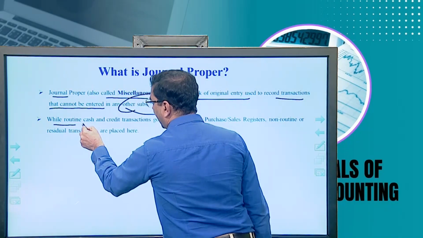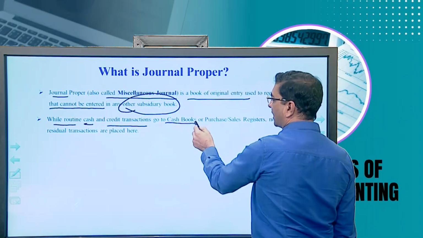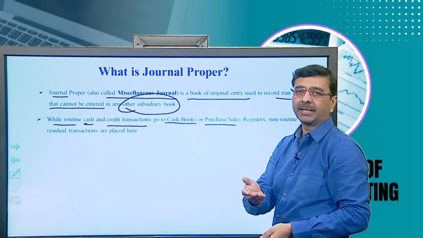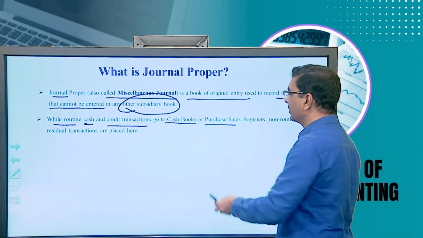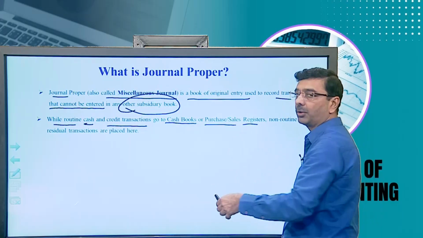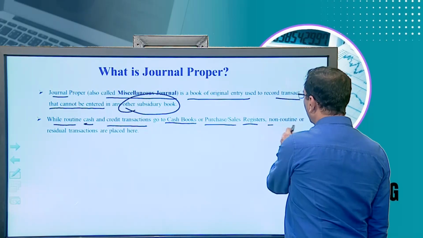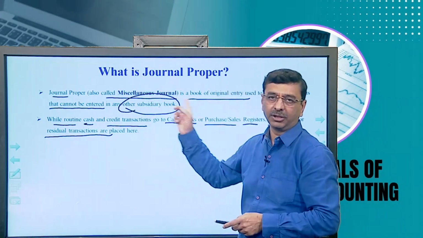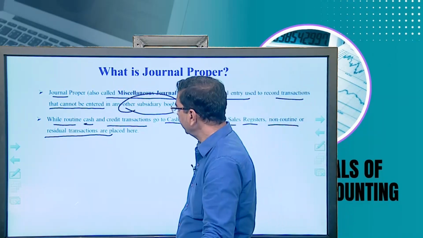The transactions not recorded in subsidiary books are recorded here in the journal proper. Routine cash transactions go to the cash book, that we know. Purchase and sales transactions which are credit transactions, credit purchase and credit sales, are recorded in the purchase and sales registers or books. Non-routine or residual transactions are placed here in the journal proper. All right.